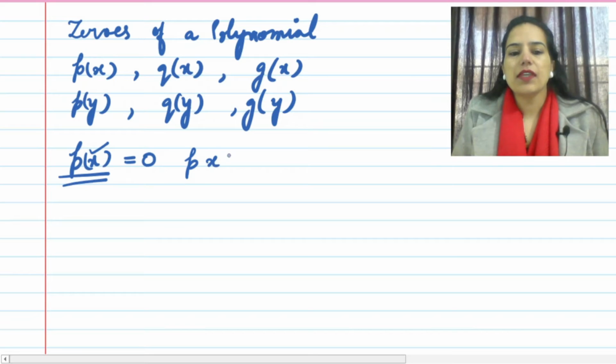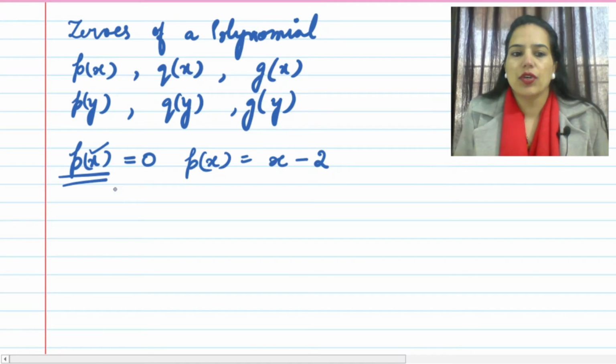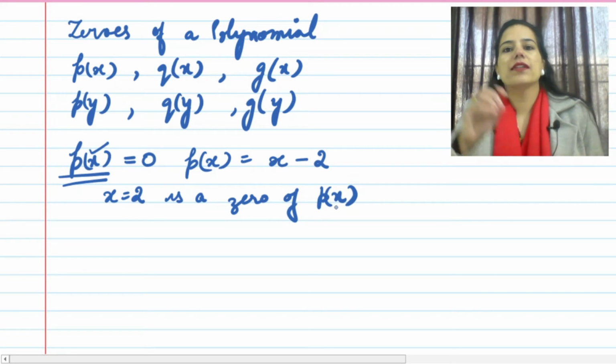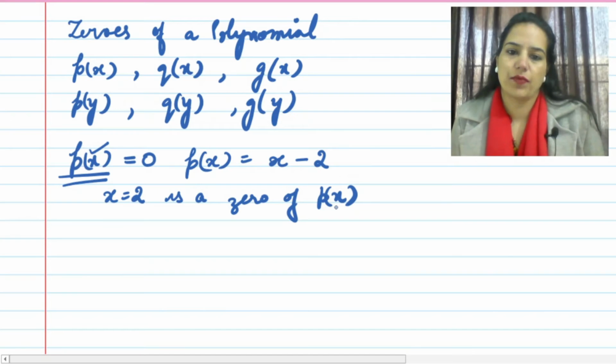Like if p(x) is given equals to x minus 2. So if I put x equals to plus 2, the entire p(x) will become 0. So x equals to 2 is a zero of p(x), because that value when substituted in the p(x) becomes 0. You've already done how to find zeros of a polynomial.